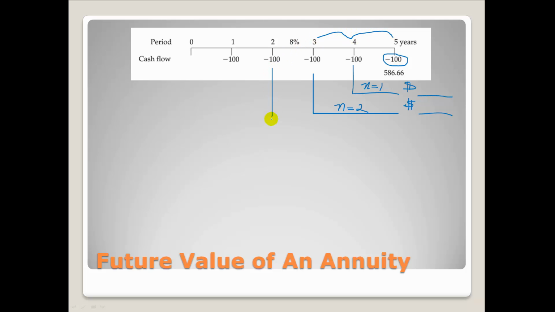Then we're going to analyze the next $100 payment, and that N is going to be 3. And then we look at this final $100 payment that came in at the end of the 1st year, or the end of year 0, if you want to look at it like that. So that's going to be a total of 1, 2, 3, 4 N's in the problem.